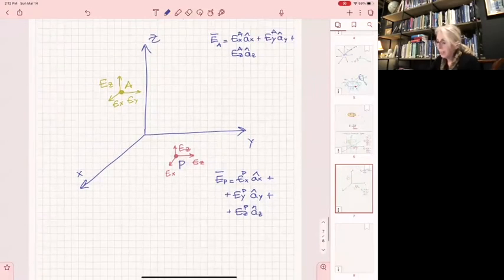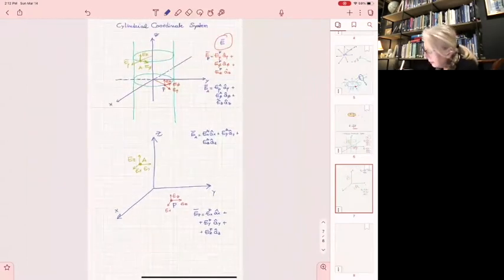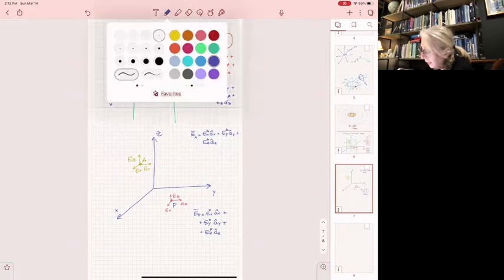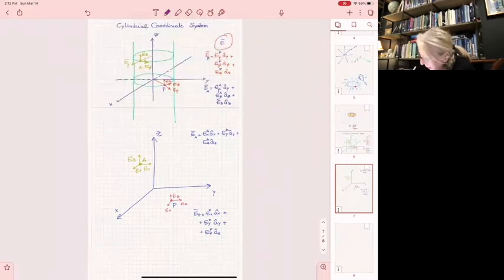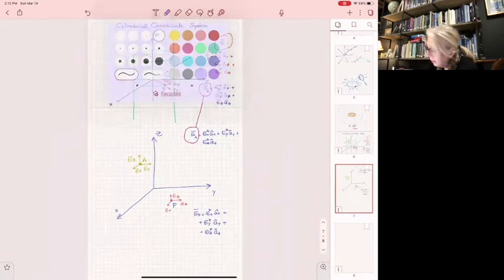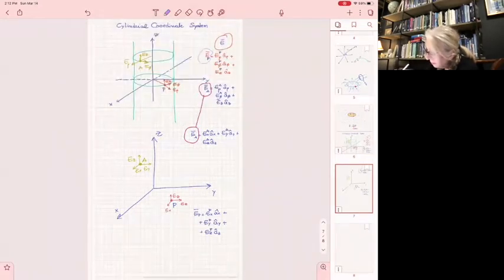Okay. E sub A here is the same as E sub A there because there are the same 2 points, but I just used 2 different systems. So practically, I can say that this one here and this one there are the same. Also, I can say that this one here is the same as this one there.